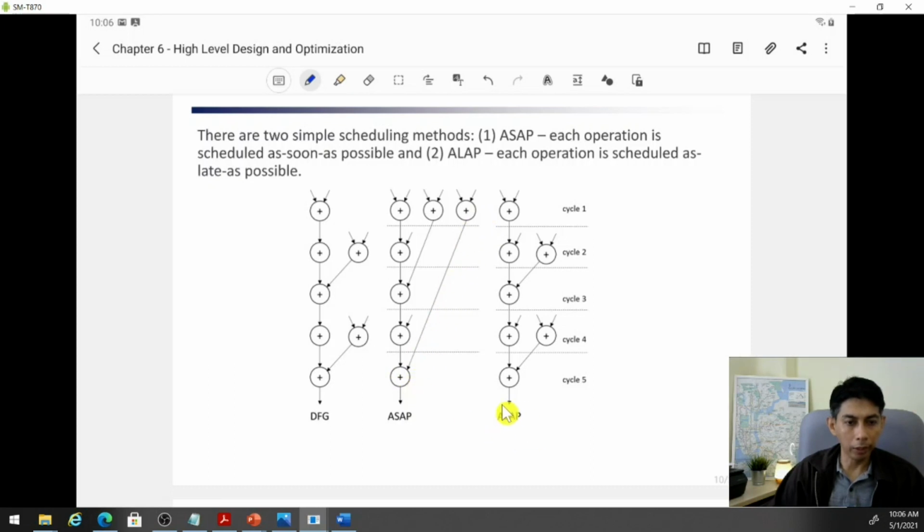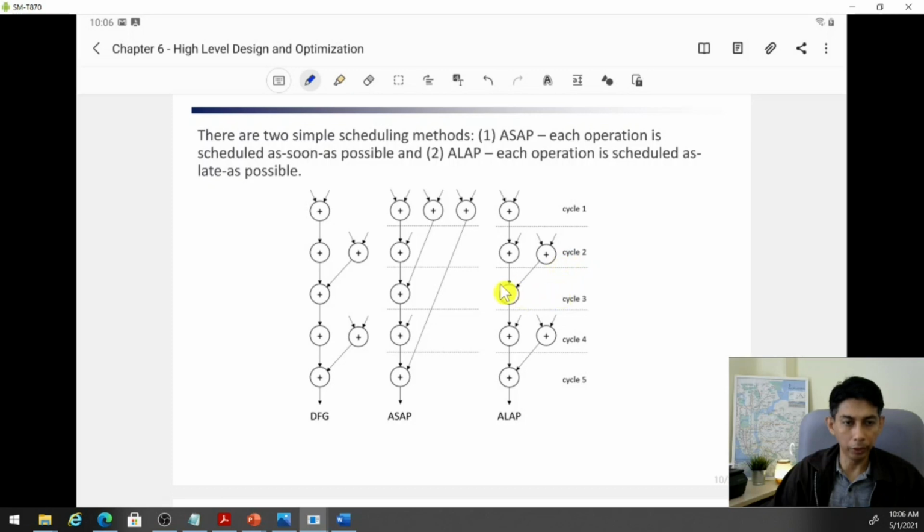But for as late as possible, we will do this operation because we want the data to be available in cycle number 3. So this one must be done just before cycle number 3, right here. We need to make sure that the data is available just before the operation here, because for this operation we need the data from this operation.